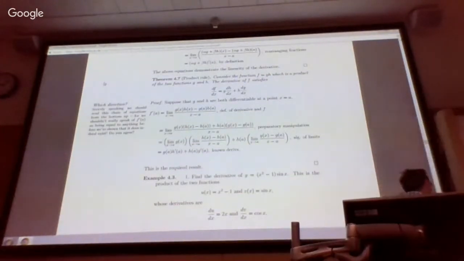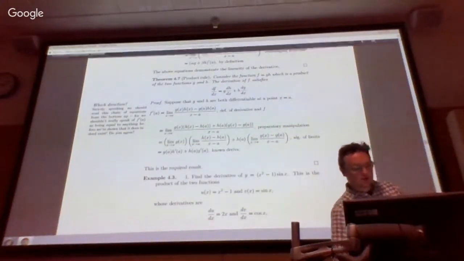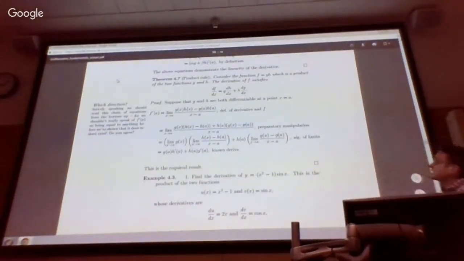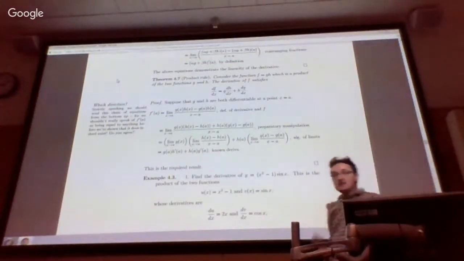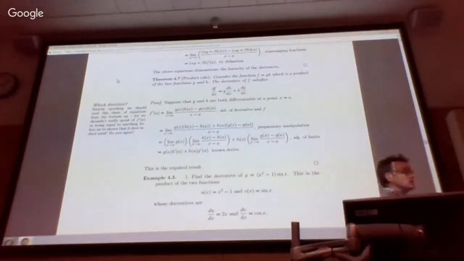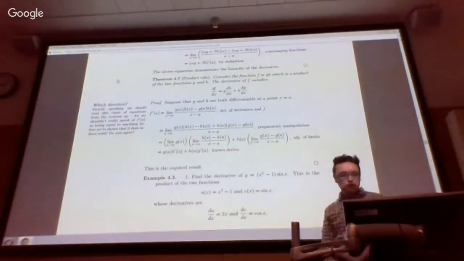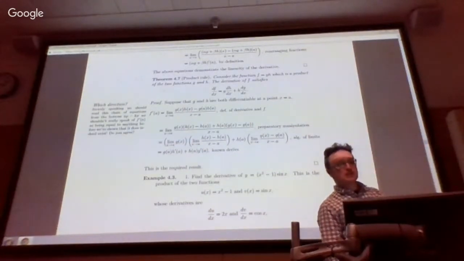Okay. So we need a rule to replace it, which is the so-called product rule of differentiation. There is a nice relationship between the derivative of a product and the derivatives of the factors, but it's not as simple as that. It's a combination of the derivatives.